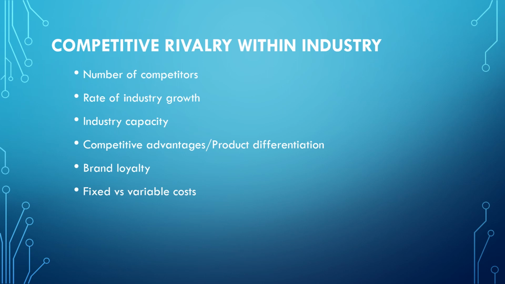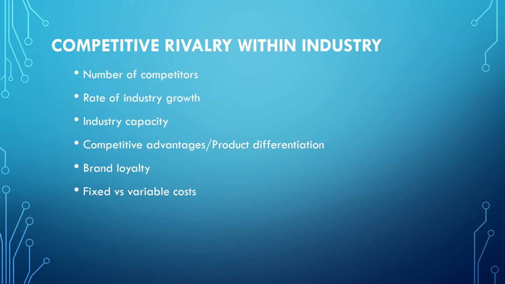Then we have industry capacity. So if there's a lot of unused capacity, competitive rivalry will increase, because if I have capacity that I'm not using, I want to do what? I want to use more of that capacity and become more effective and efficient, and have my fixed cost spread over more products.